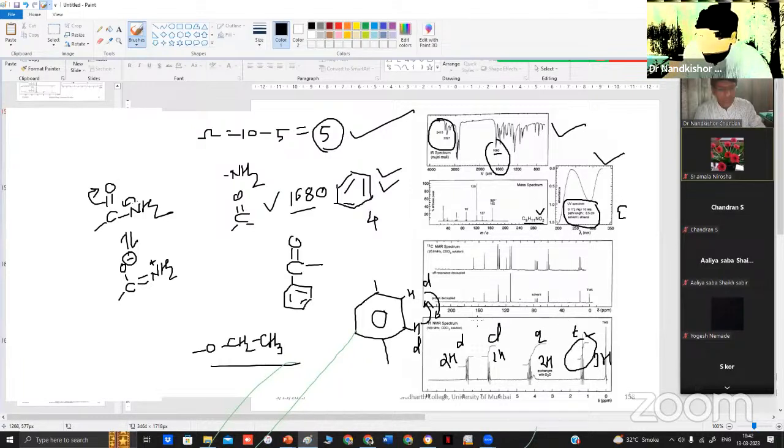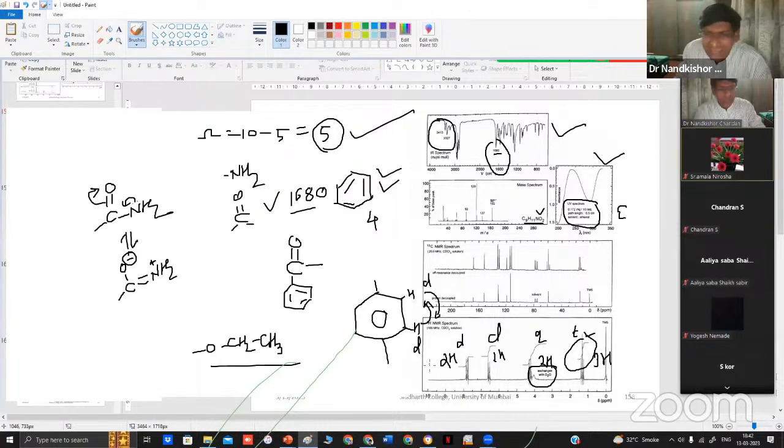Now let's see the C13 NMR spectrum. In the proton magnetic resonance, there is one peak around 4 which exchanges with D2O. Exchange with D2O indicates the presence of an active proton, which may be part of a hydroxyl group, an amino group, or a carboxylic acid.